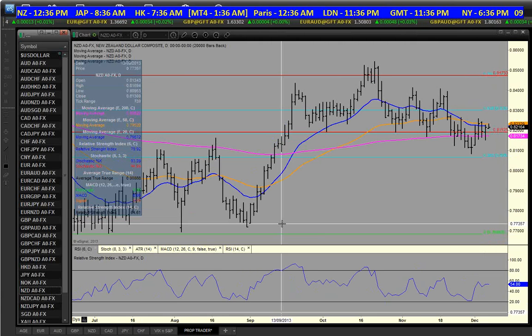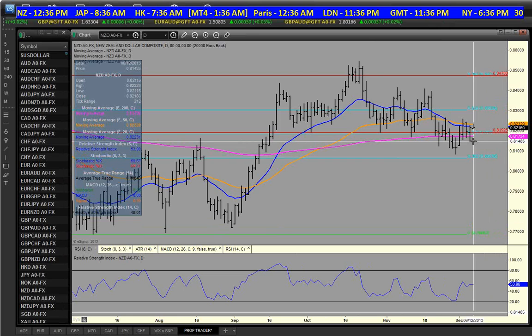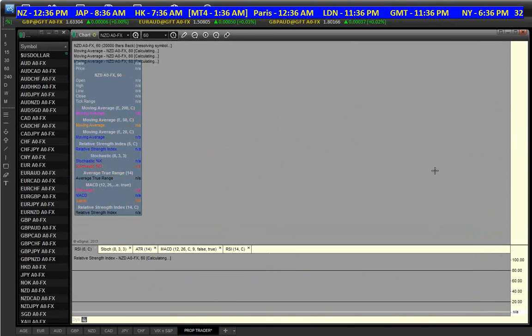Kiwi is just a mess. Literally, dog's breakfast. Yeah. 1.5 pips, I was safe by not getting short. I turned around pretty quickly too.